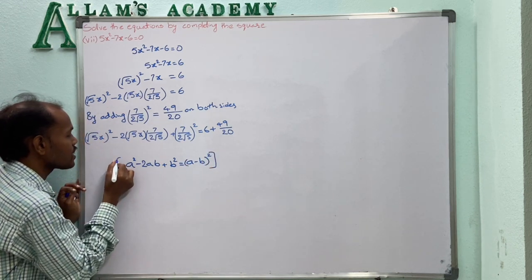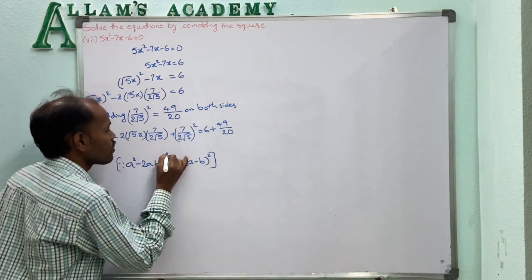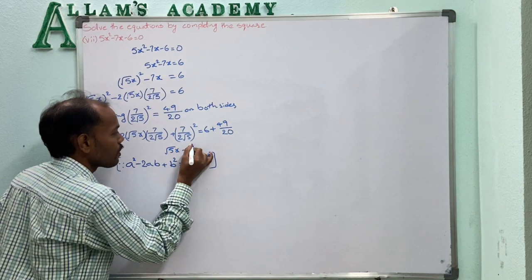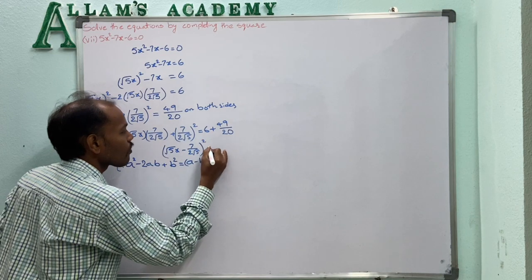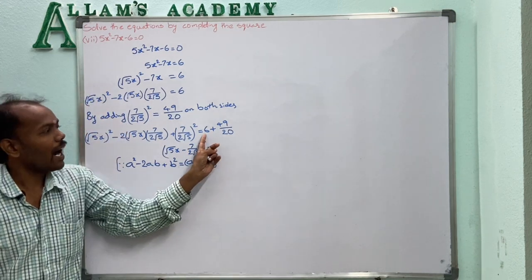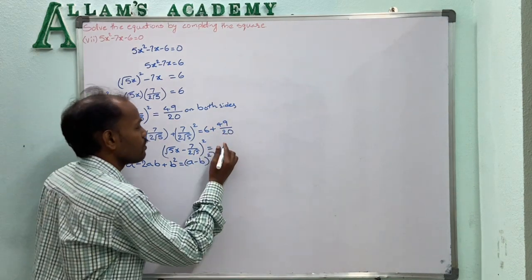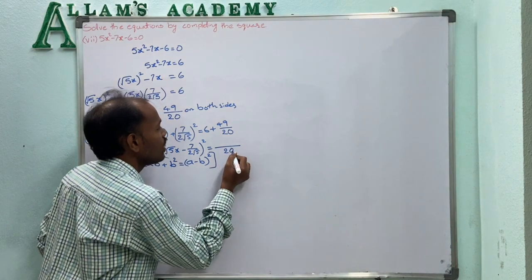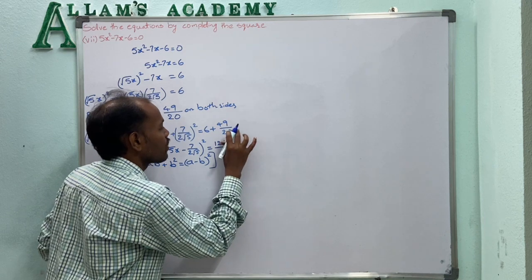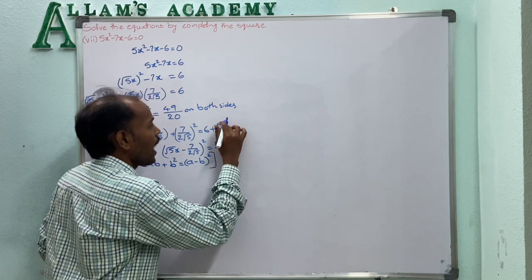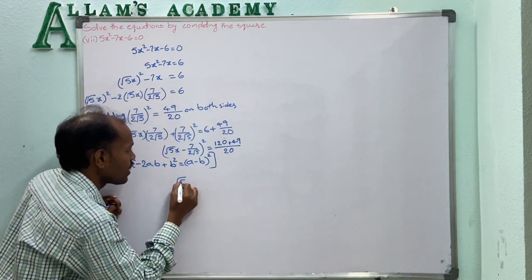So here a is equal to √5x and b is equal to 7/(2√5). So (√5x - 7/(2√5))² is equal to, now here the RHS, if we observe, 6 + 49/20, means here the LCM we can write as 20. So 20 into 6 equals 120, plus 49, 120 + 49 is nothing but 169.